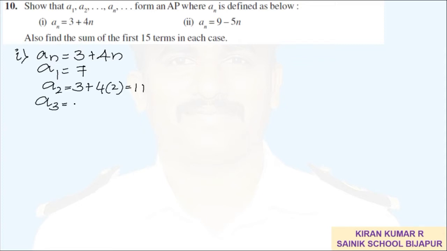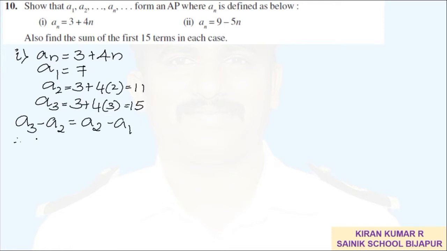Third term is 3 plus 4 times 3, 12 plus 3 is 15. If you observe, a3 minus a2 will be equal to a2 minus a1 in this case. Therefore, it forms an AP.